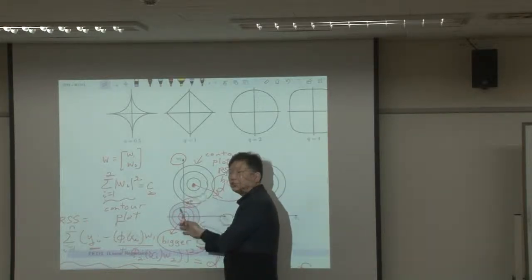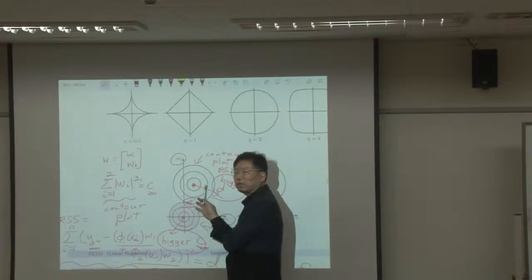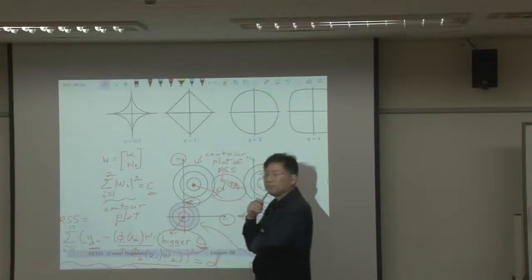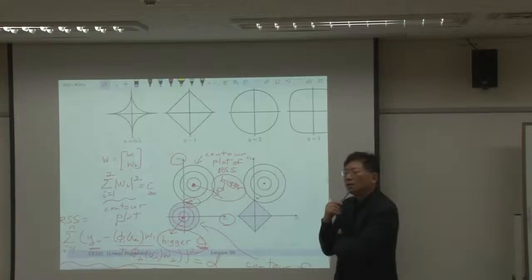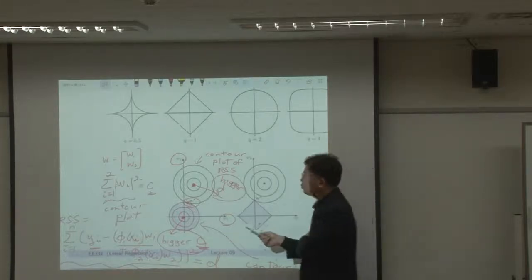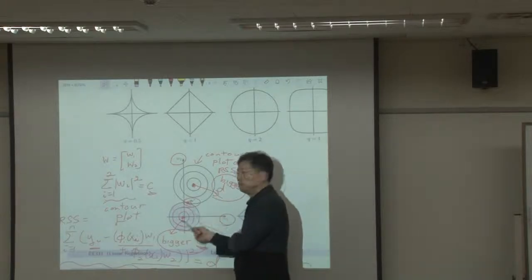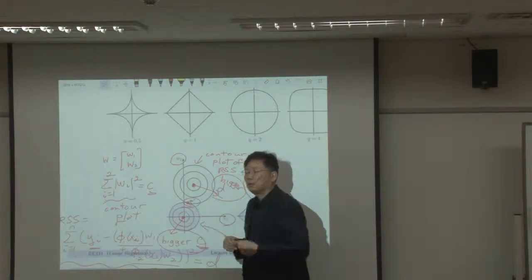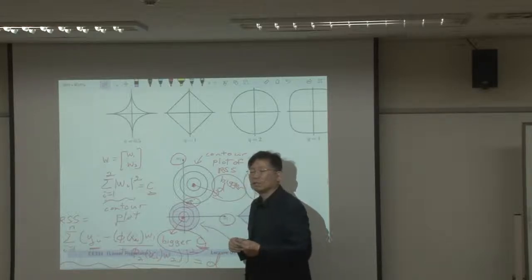So this is the situation in ridge regression, okay? Now, this is for Q equals 2. Let's look at the case when Q is equal to 1. When Q is equal to 1, what kind of a contour plot are we going to get? Lines.